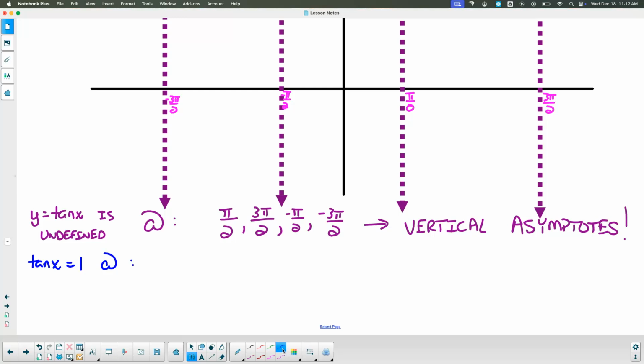Where is tangent equal to 1 first lap? Pi over 4. And what's the other one? 5 pi over 4. Oops, I forgot the 5.